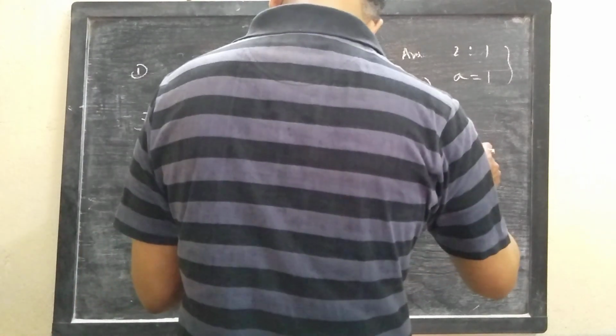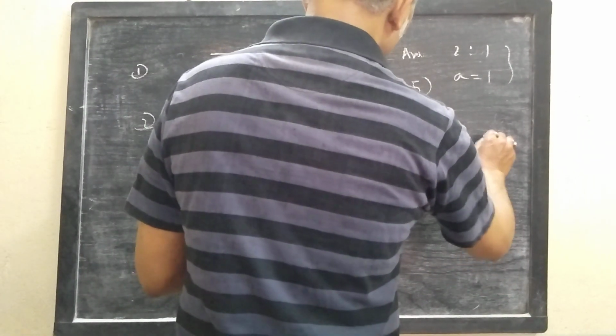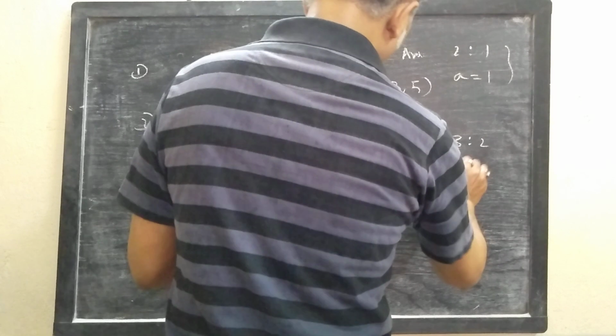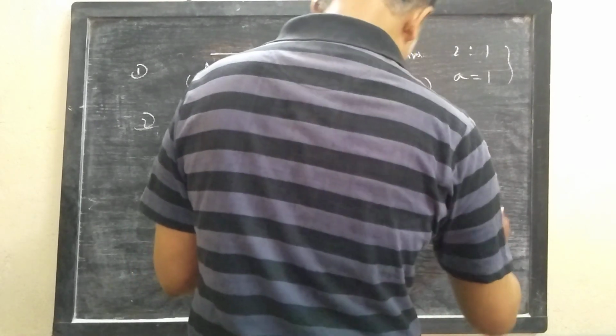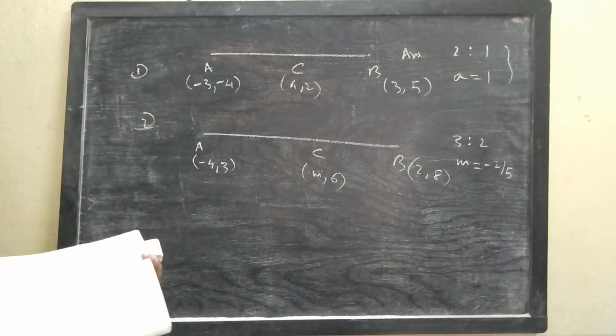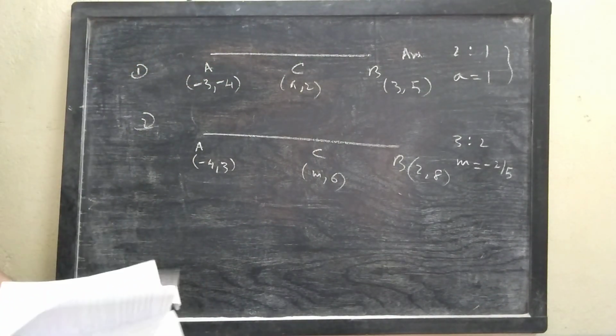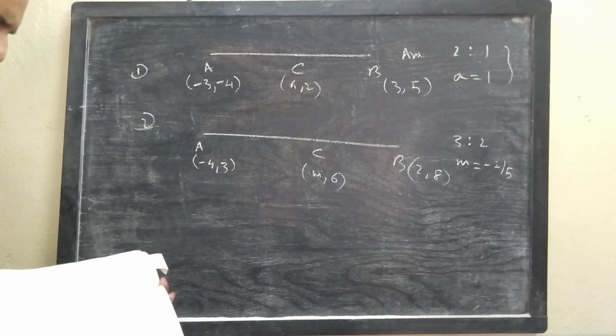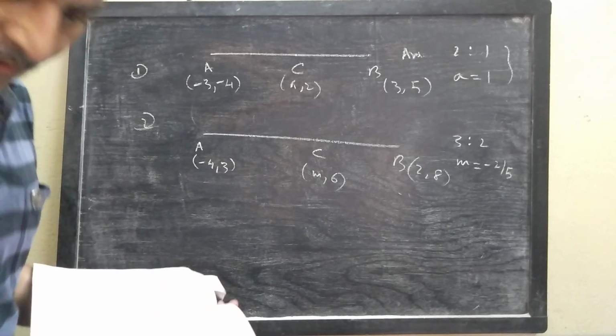So the answer to the first question is 3:2 internally, and the answer to the second question is the value of m is minus 2. So you can solve it very easily. Next, let us go to the next question.